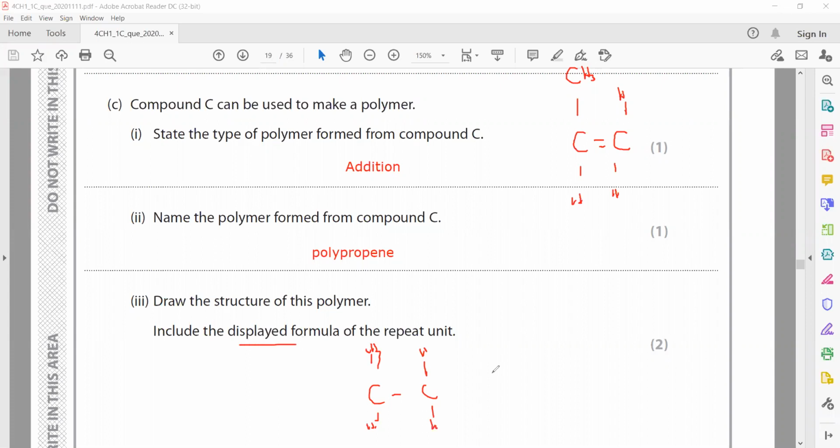Include displayed formula, repeat unit. And put bracket and n.